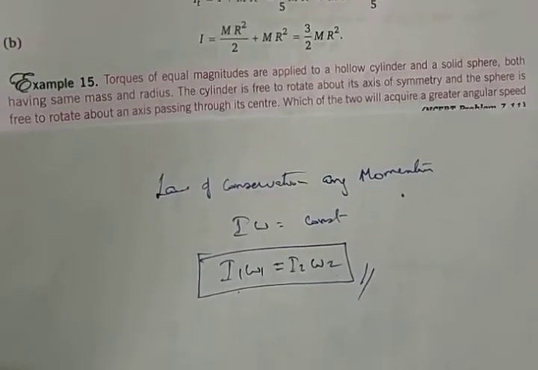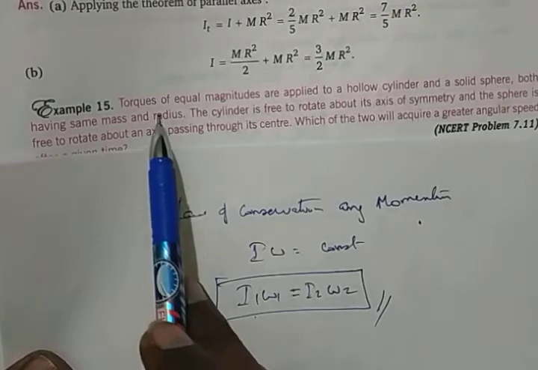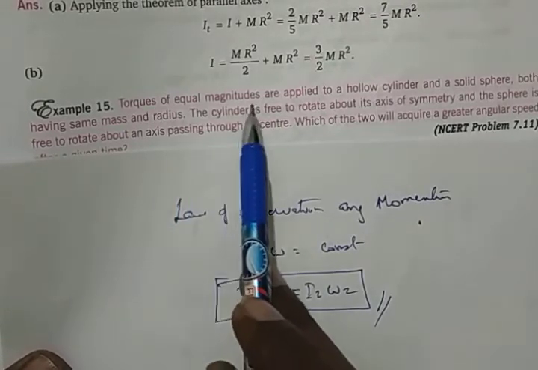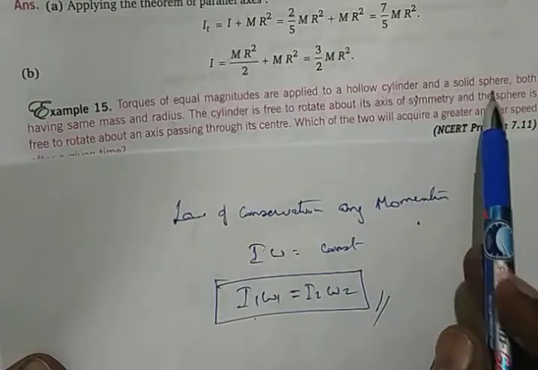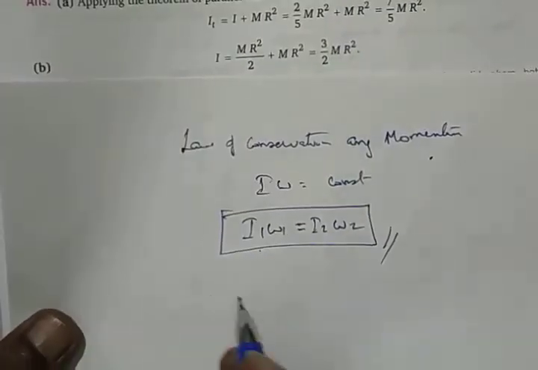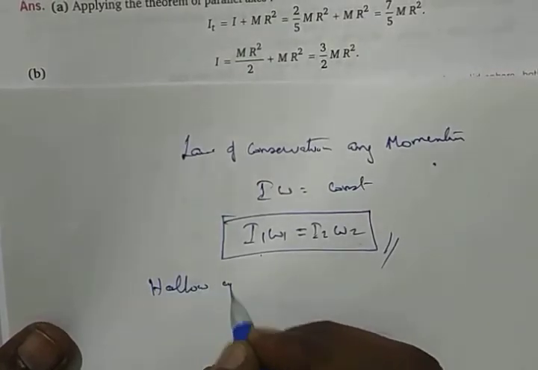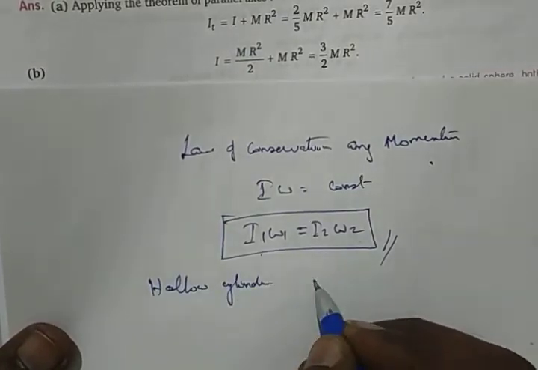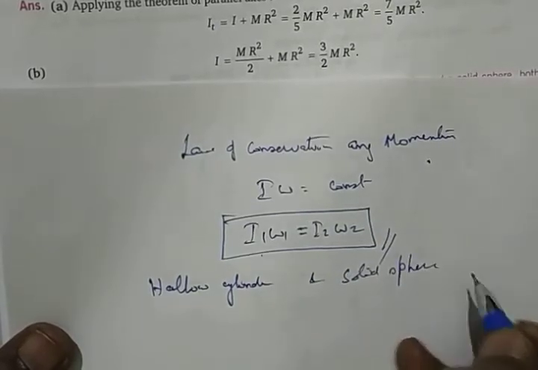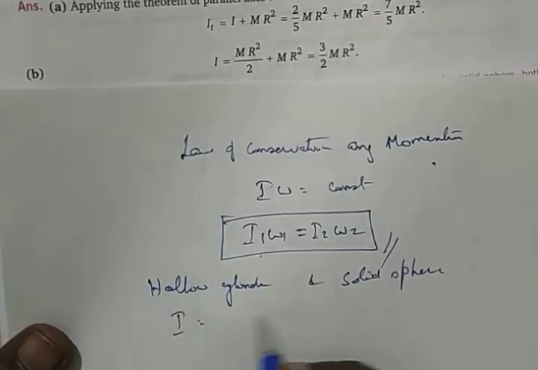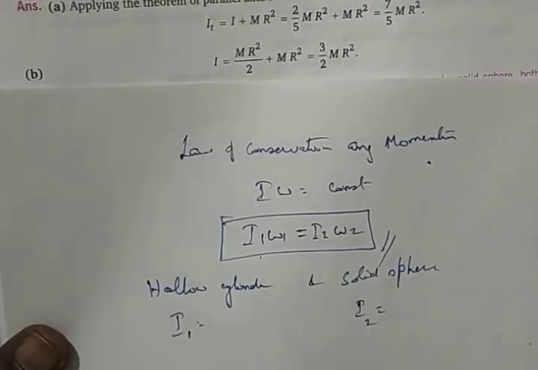So look at question number 15. Torques of equal magnitude are applied to a hollow cylinder and a solid sphere. So you have a hollow cylinder and a solid sphere. We need to find out the moment of inertia of both of them. This will be I1, this will be I2.